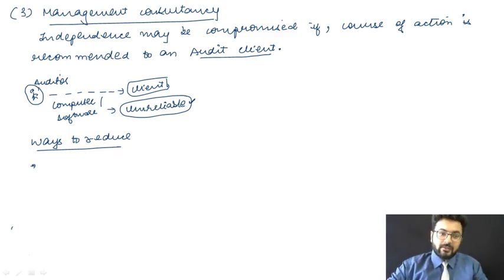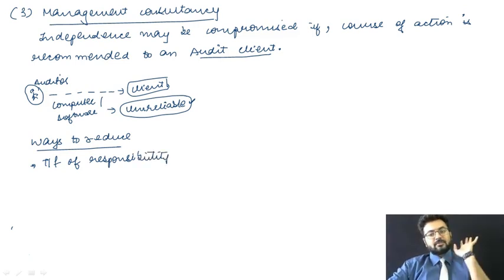This risk can be reduced by transfer of responsibility to management. I am suggesting this, but this does not mean it's not your responsibility if this turns out to be unreliable. Whenever you are going to purchase something, you should have done proper due diligence. Transfer of responsibility to management.